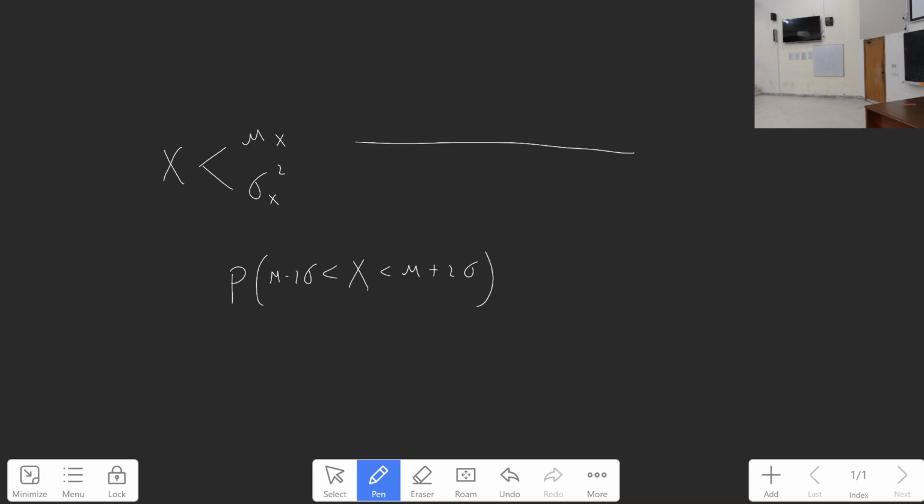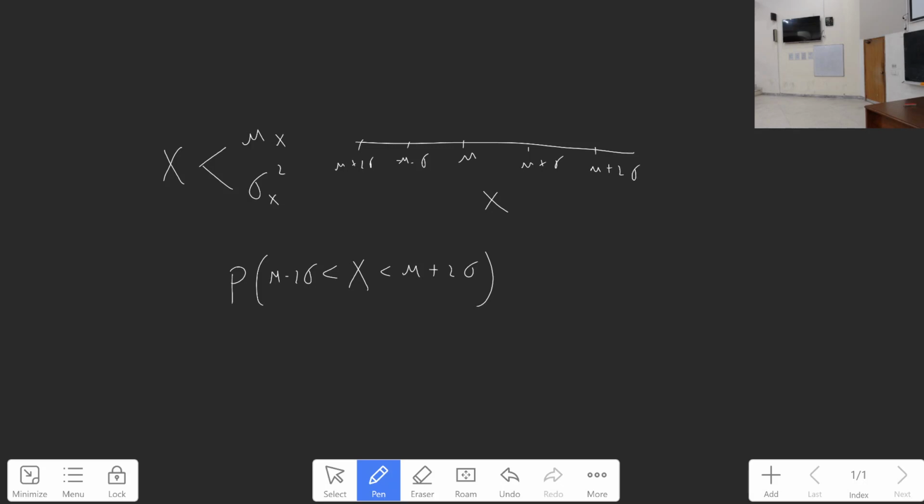So if random variable x has values in a particular range, and you tell me its mean is here, and its standard deviation, which is the square root of the variance, is this much, mu minus sigma here, mu plus sigma, I can tell you the probability that this random variable will take a value within two standard deviations of the mean.